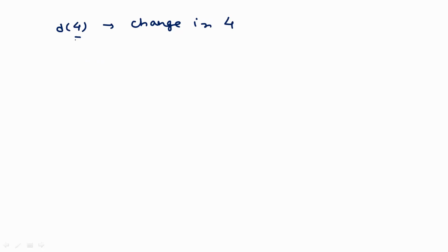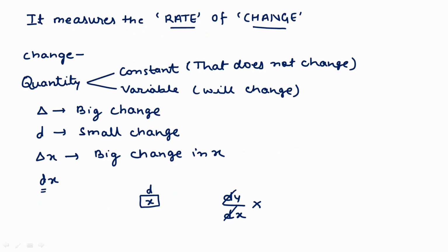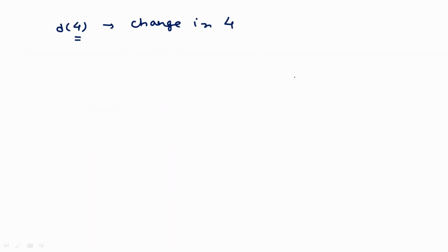But 4 is a constant, right? And a constant does not change. Therefore, what is the change in something that does not change? Obviously it will be 0. d4 is equal to 0, or d of minus 2 is equal to 0, or d1 is equal to 0, and so on.